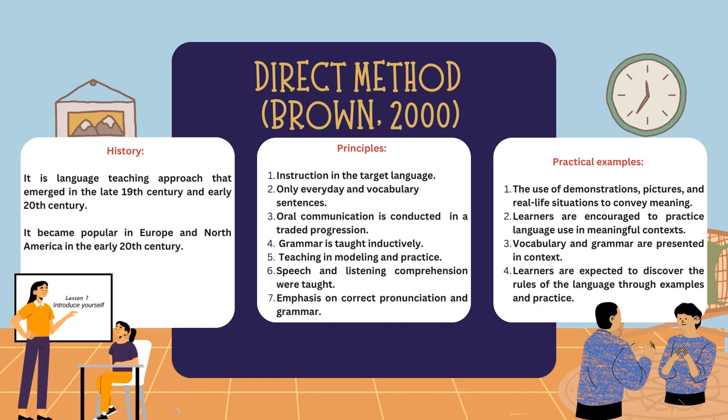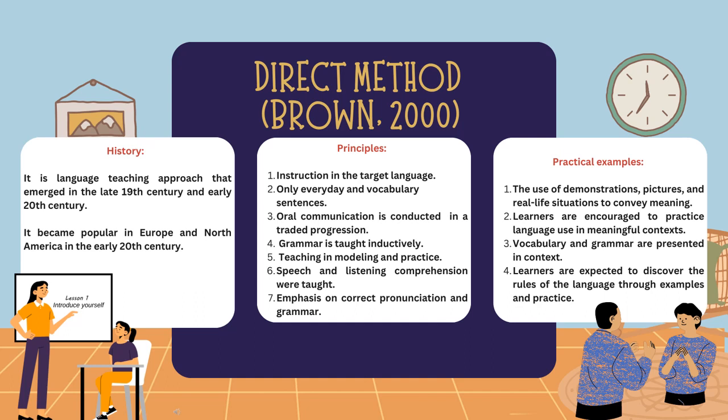Instruction is given in the target language. That is, you also use everyday vocabulary or everyday sentences. Oral communication is conducted in a graded progression. Grammar is taught not in a deductive way as it was in grammar translation, but in an inductive way.